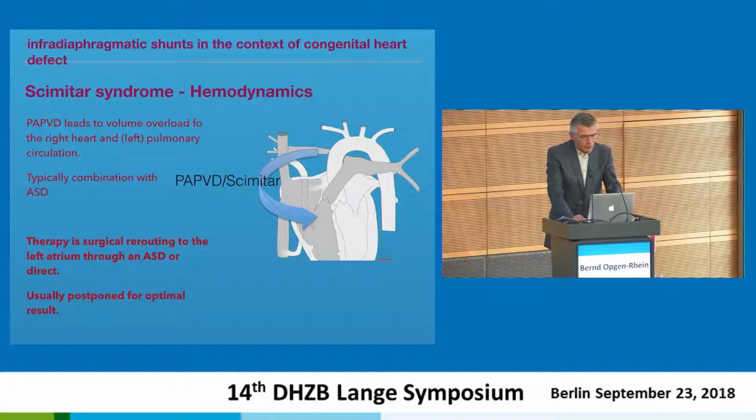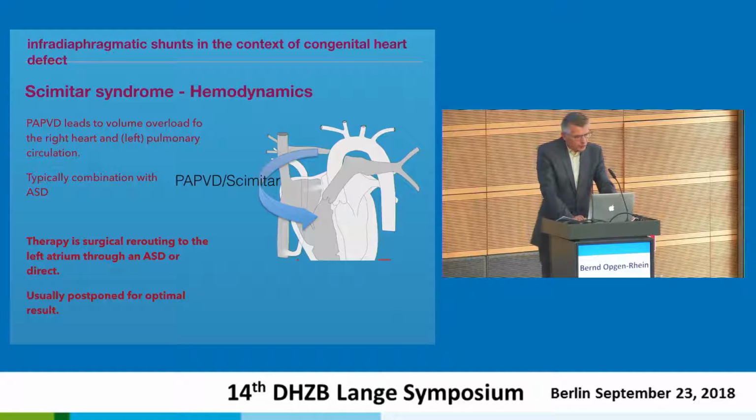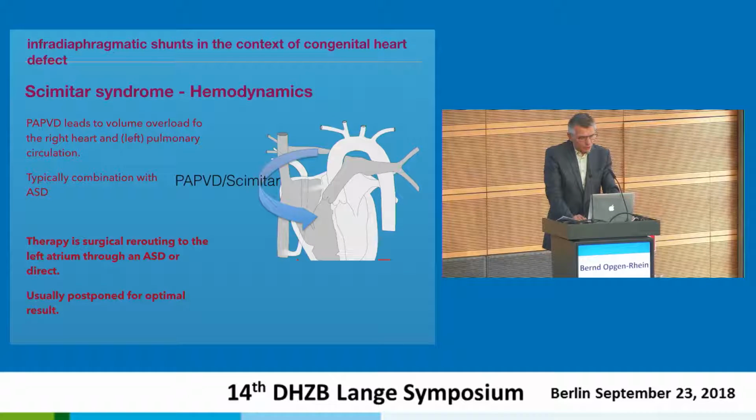So the therapy is surgical. It's a rerouting of the right pulmonary veins through an atrial tunnel and an ASD to the left atrium, or by direct anastomosis to the posterior left atrial wall. This is usually postponed for optimal results.